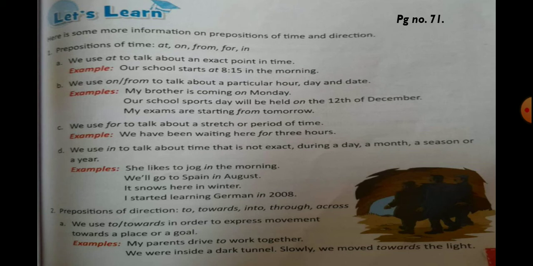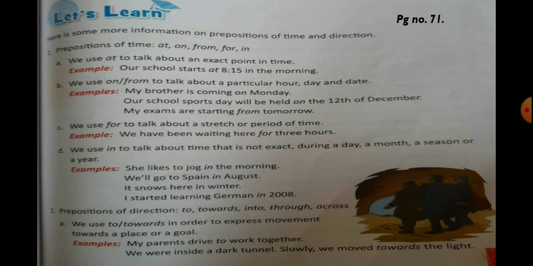So what are the prepositions of time? The prepositions of time are at, on, from, for and in. So let's see how to use these prepositions. We will check out some examples and the instances when we can use them.